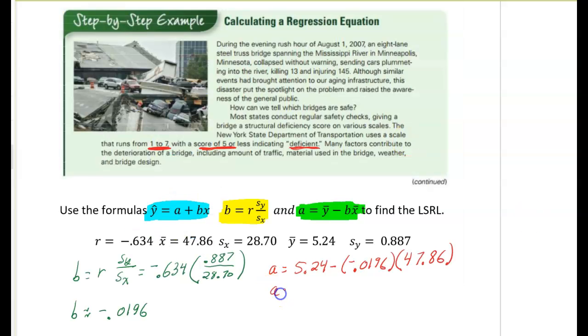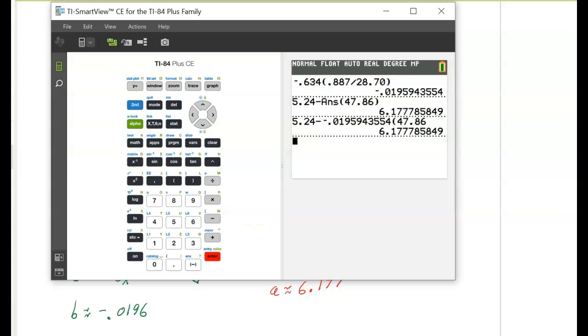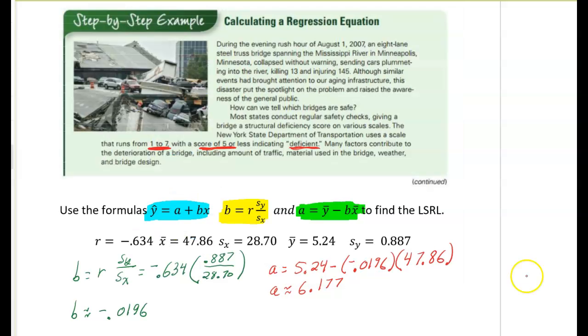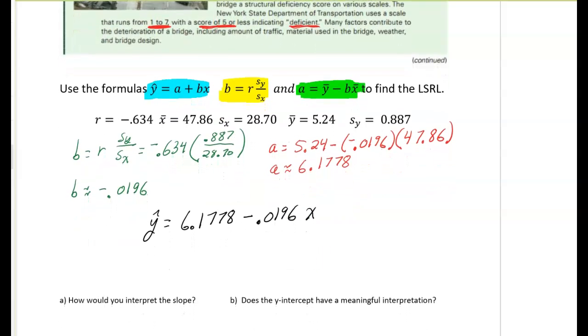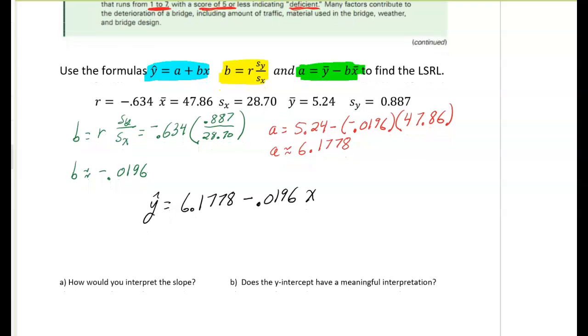So the value of a is approximately 6.1778. Then, to write the least squares regression line, the final step is y hat is equal to 6.1778 minus 0.0196x.